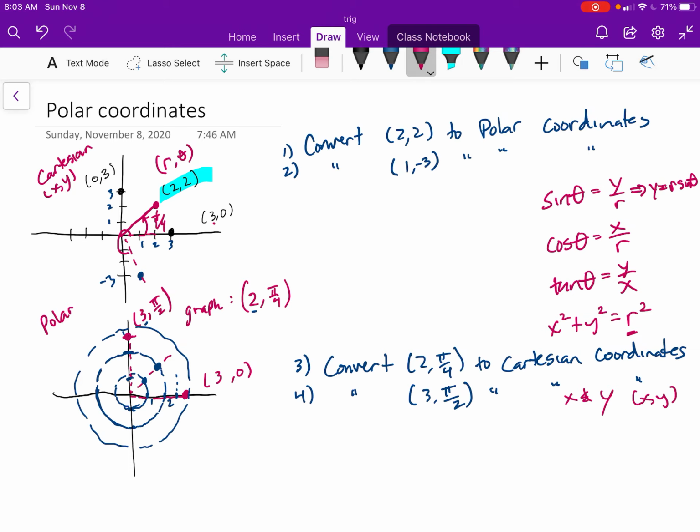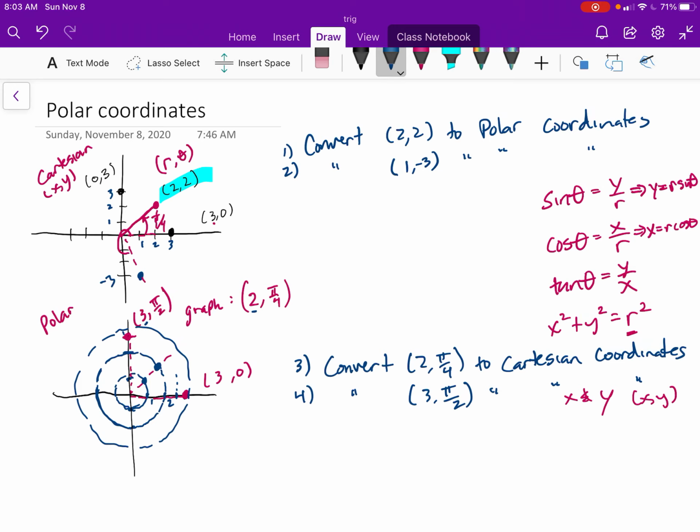If I multiply r on the other side, y equals r sine theta. And therefore x is r cosine theta. So if I have r and if I have theta, it's as simple as plugging it into that formula to see what x and y come out to be.